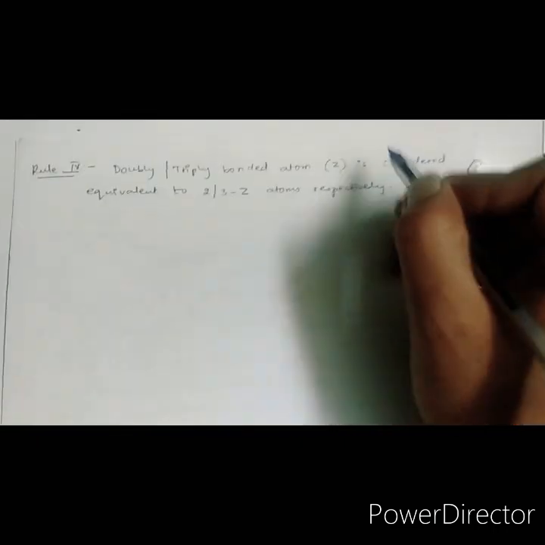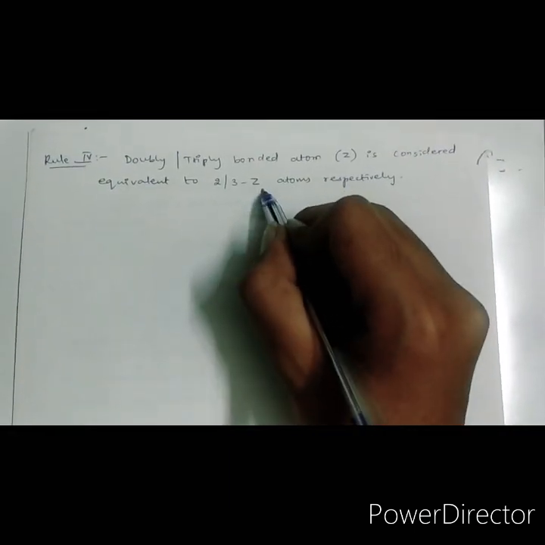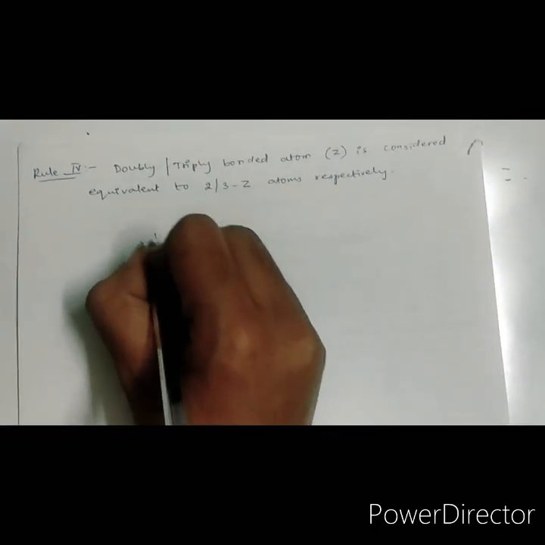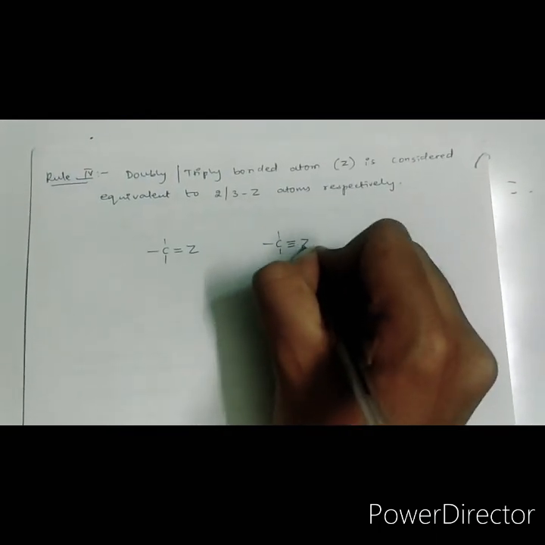The next rule is rule 4, that is a doubly or triply bonded atom is considered equivalent to 2 or 3 atoms respectively. Here we can define it as, if we assume that this is a carbon, this is a double bonded carbon and this is a triple bonded carbon.